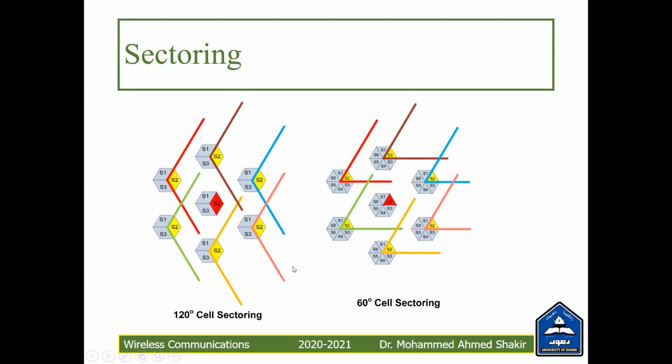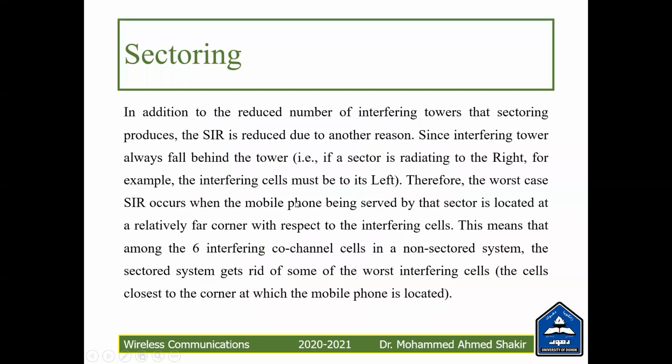In the case of 60-degree sectoring, again I study the interference on red S2. All radiation directions will not affect S2, except the green one. So I naught here becomes 1, which is a wonderful result.